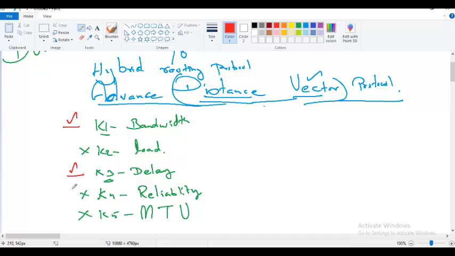For example, from R1 to R5, to go via this path, depending on the bandwidth, the composite value derived is 15. The composite value derived in this path is 50. So EIGRP will consider this path only. Why? Even though there are many hops, it won't consider hop. It is focusing on the bandwidth. This is 10 gig links. This is just 1 gig link.